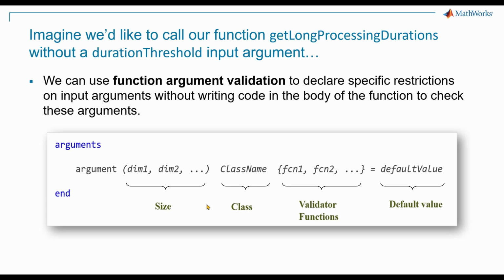We can also restrict in terms of class if our input has to be of a certain type, and also in terms of other aspects by using validator functions. These validator functions can be either MATLAB functions or custom functions we wrote ourselves. We can even add a default value for optional input arguments like our duration threshold. And with this arguments block, we can restrict our input arguments without writing any code in the body of the function to perform these tests.